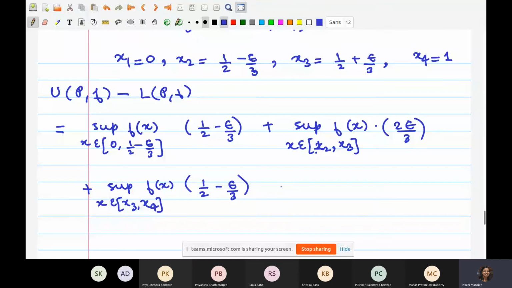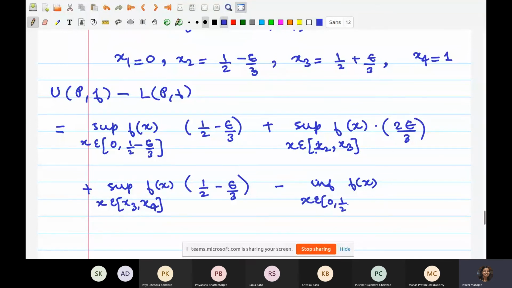Now let's look at the terms coming from the lower sum. It is going to be the infimum of f. It's a similar thing: all you have to do is replace the supremum by the infimum.